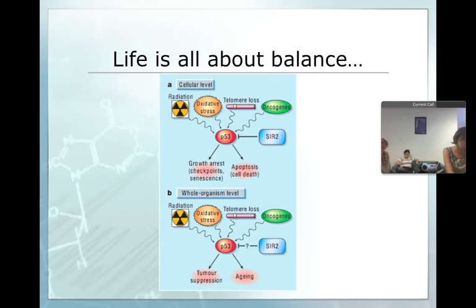SIR2 is another protein that blocks it. At the cellular level, it leads to senescence and apoptosis. At the whole organism level, what you get is tumor suppression, but if it's active too much, at least in this scenario, what we saw was accelerated aging.